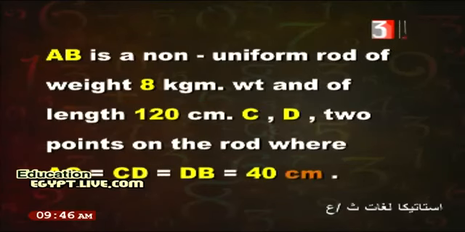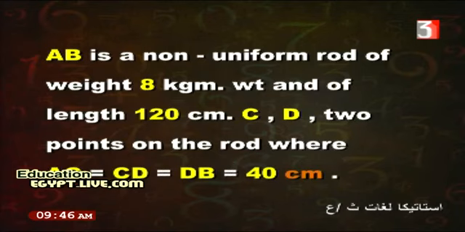Another example. AB is a non-uniform rod of weight 8 kilogram weight. What is the meaning of non-uniform? Excellent student. Its weight doesn't act at the midpoint. Length is 120 centimeter.